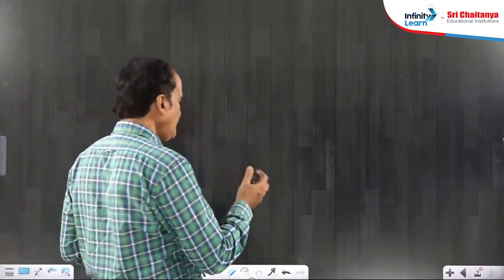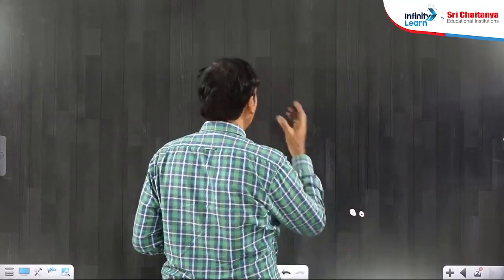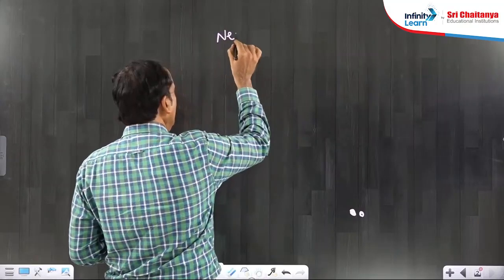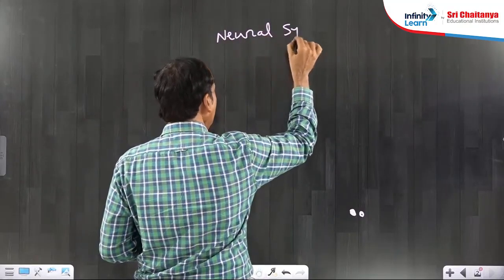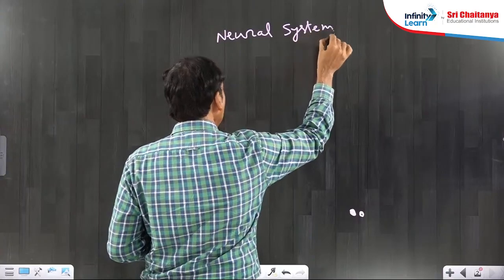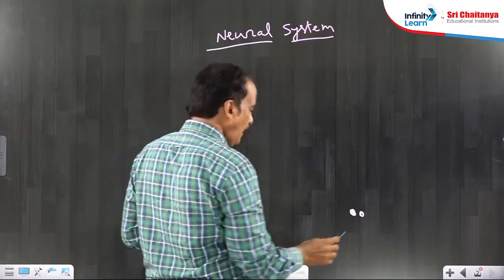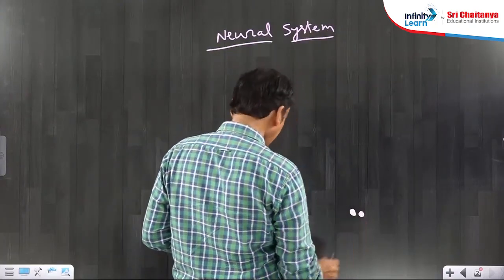Okay, nervous system present in the form of the paired ganglia. The neural or the nervous system, this is formed by paired ganglia.